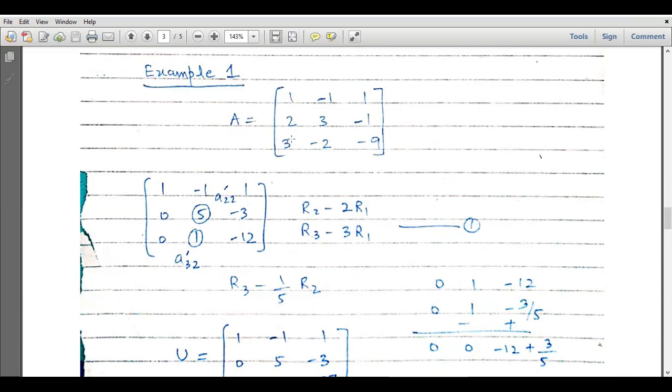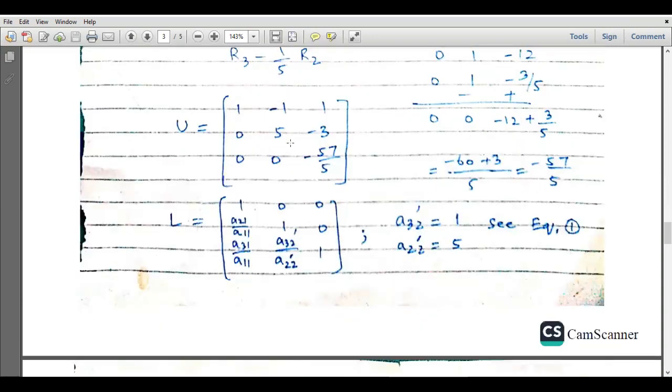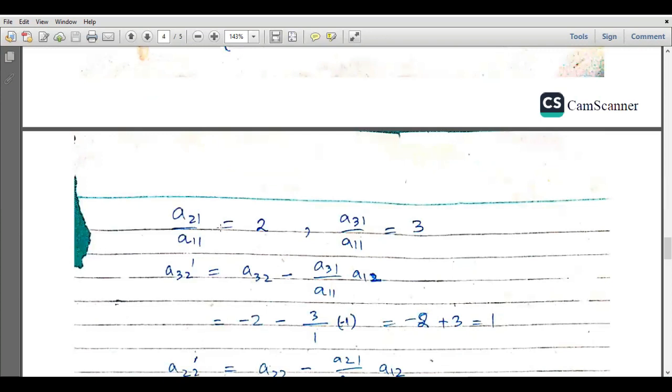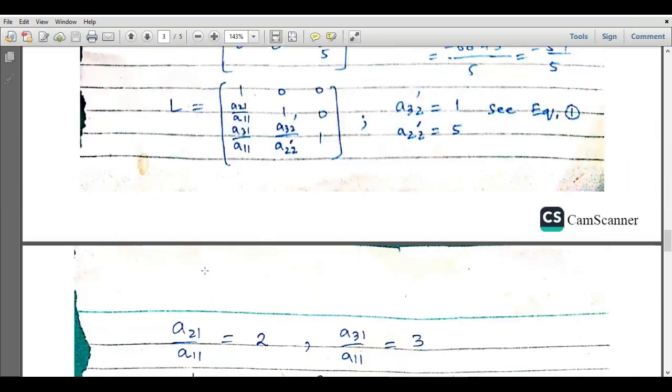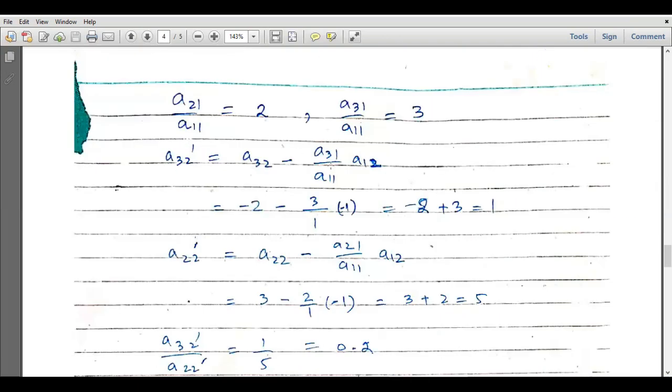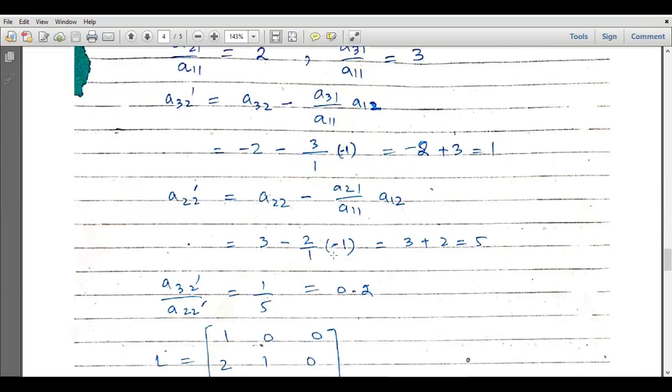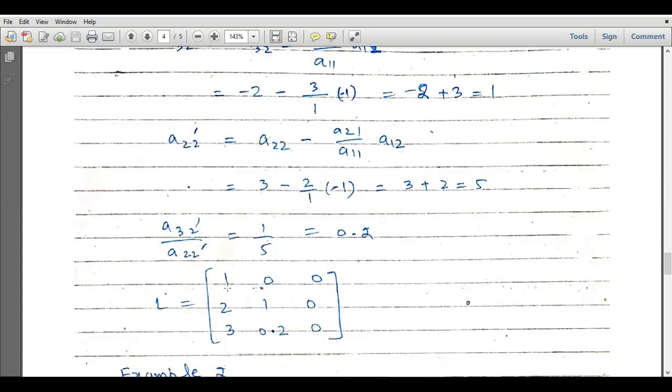Similarly, A31 over A11 is equal to 3. So A21 over A11 is equal to 2, A31 over A11 is equal to 3, and A32 dash over A22 dash is this entry. These entries can be evaluated using these formulations. This is A32 dash, this is A22 dash, and their ratio is equal to 1 by 5, which is equal to 0.2. So this is our lower triangular matrix. This is 2, this is 3, and this is 0.2.